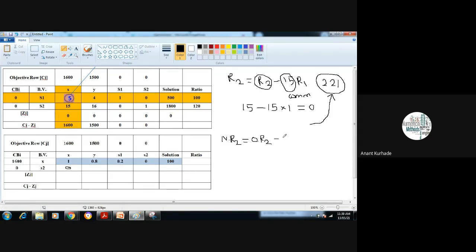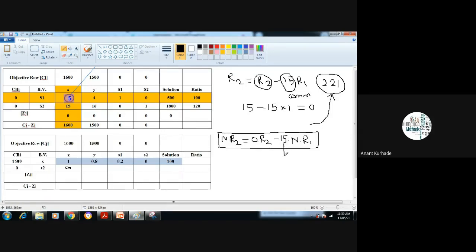It is 15. Minus 15. Now this 2, now 1 is remaining. So that new value from R1. We can remember this also. NR2 is equal to OR2 minus, here it is 15.